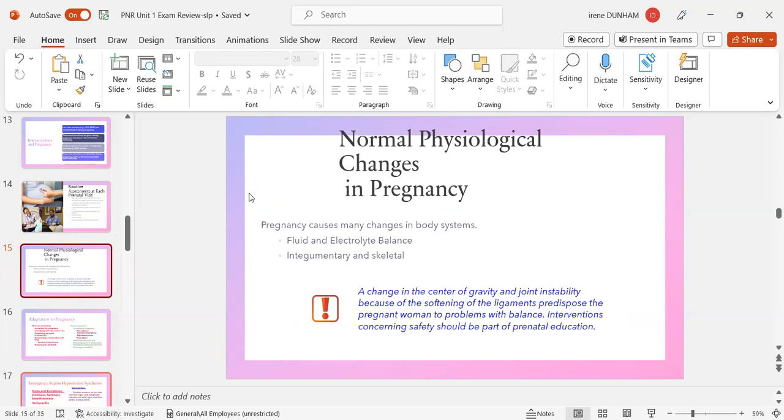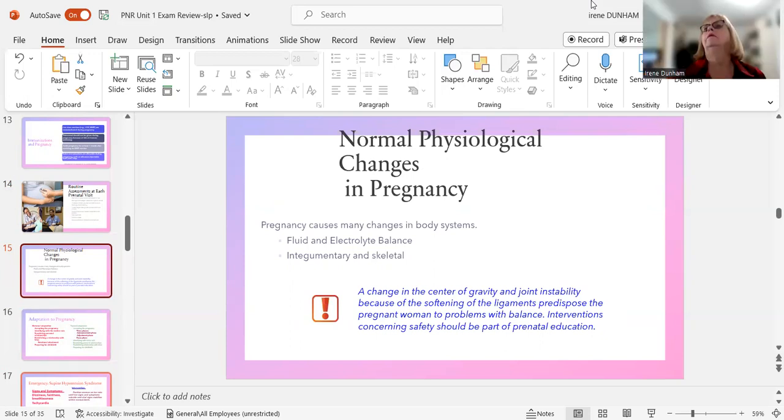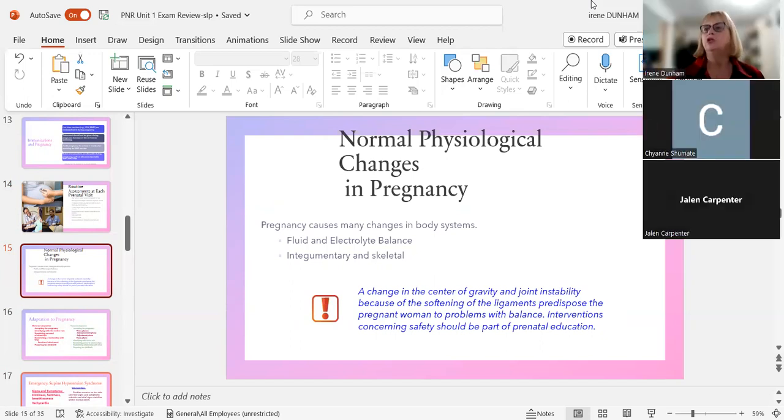So what would you say to a patient if she comes in, she's in her third trimester, and she has high heels on? That she doesn't need to wear those, right? Because the center of gravity is off.